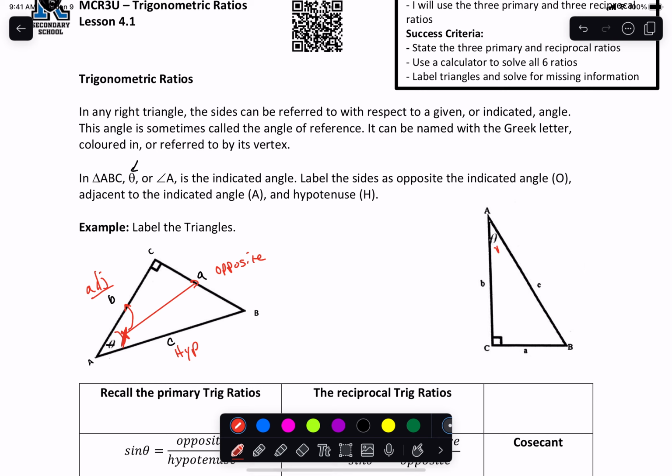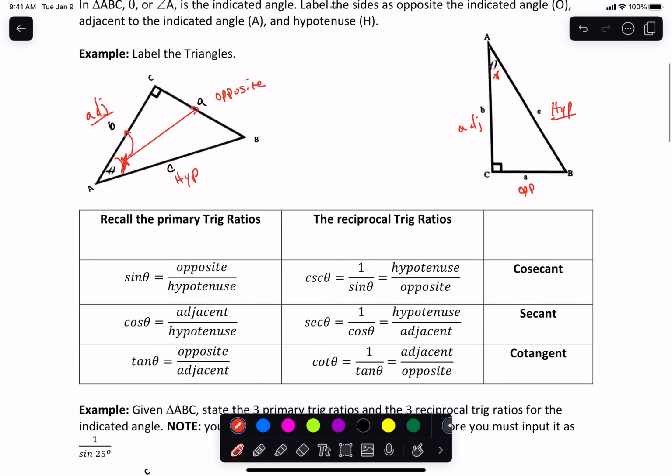So again, we're just going to stand here. This is going to be opposite, adjacent, and hypotenuse. So we're okay?